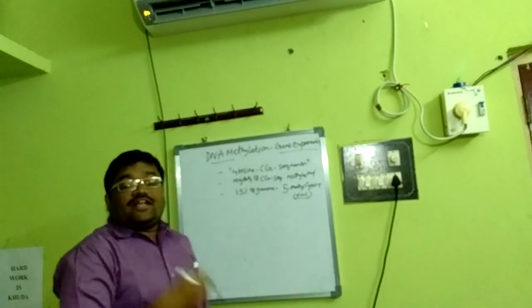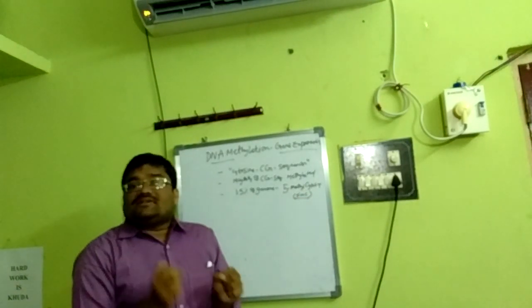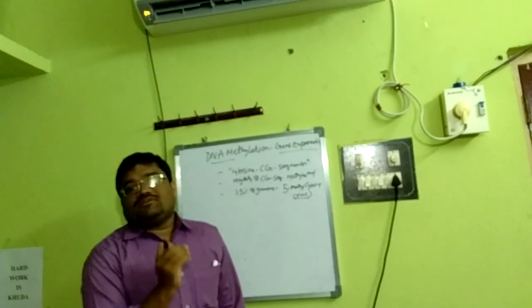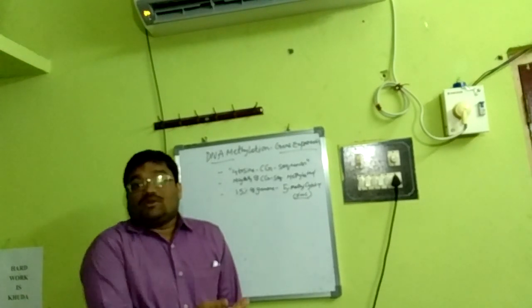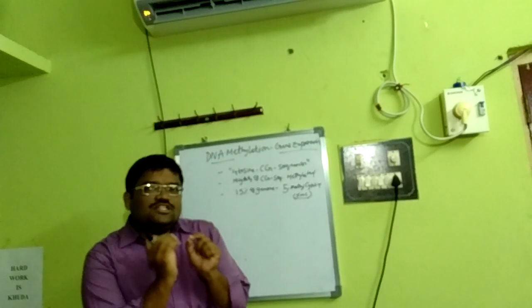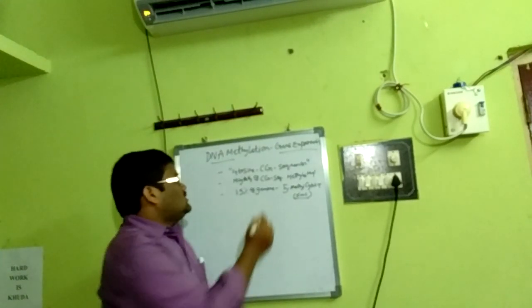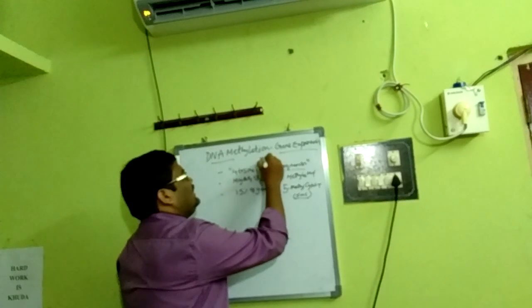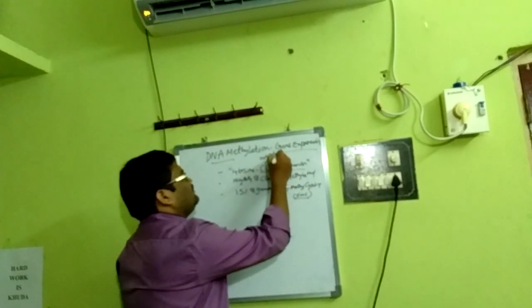That means its rate of occurrence is 1.5% of the genome. CG sequences are the hotspots for DNA methylation.